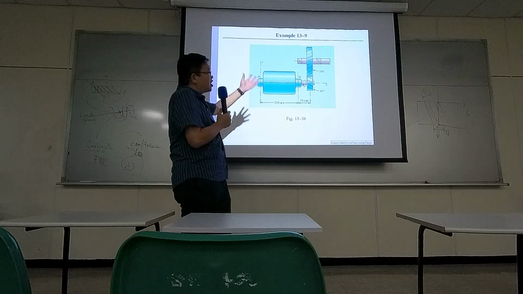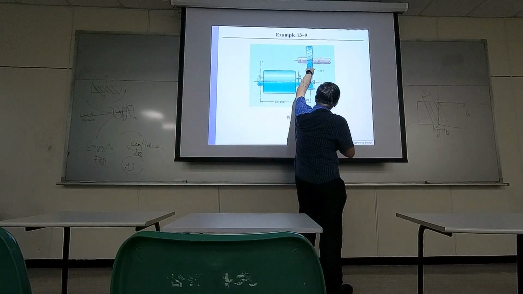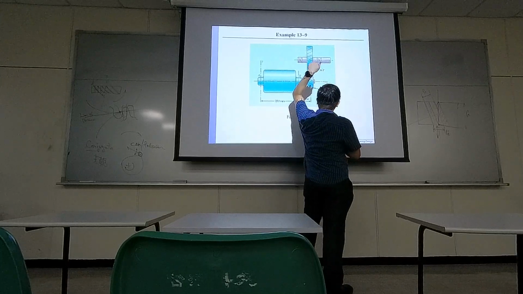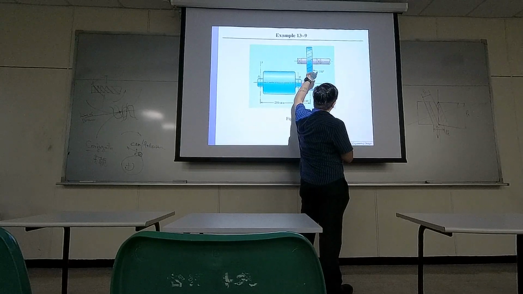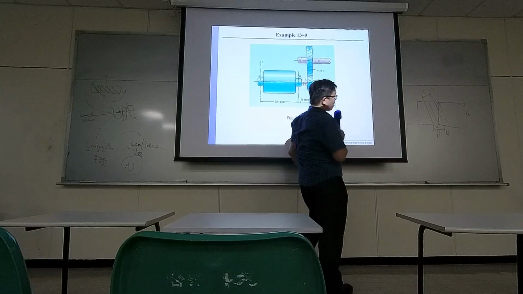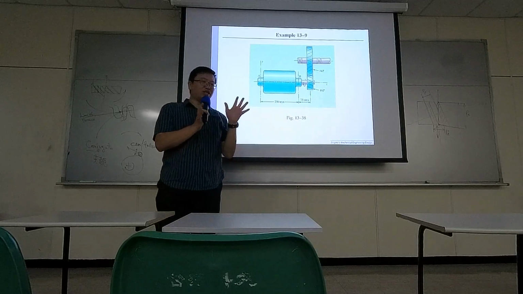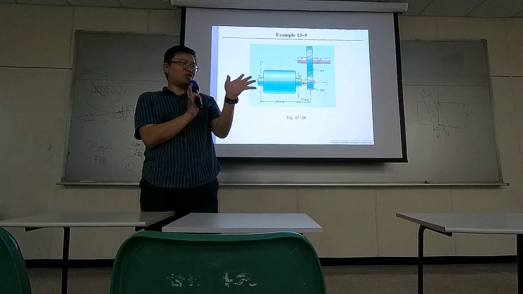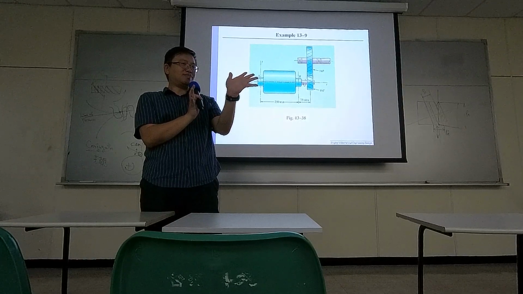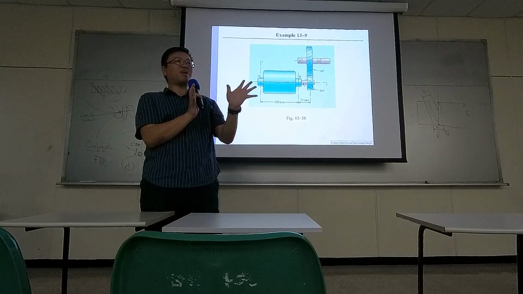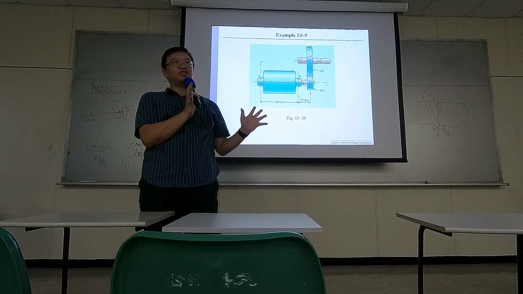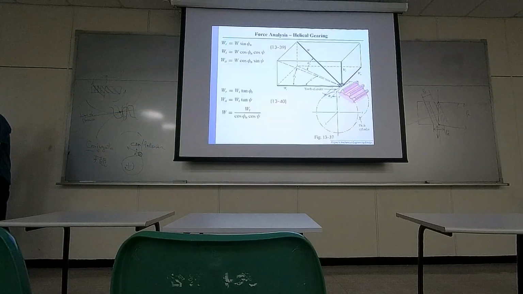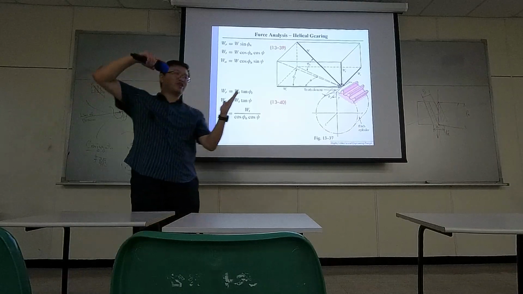Because of this helical profile, there won't be an individual force, and there won't be a force along this simple direction. There will be forces along all three directions, because when the tooth profile is helical, it's a three-dimensional surface that is not parallel to x, y, and z.